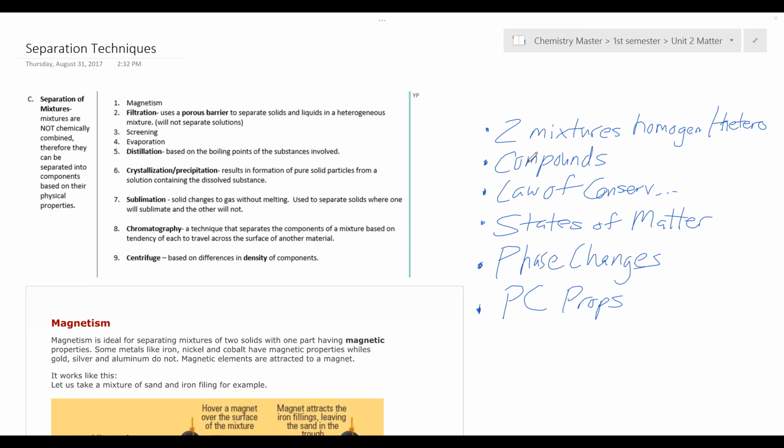Anybody got something else? Physical and chemical changes. Yes, physical and chemical changes. I'm going to hope that you guys are just not wanting to talk today and don't actually know this stuff. All right, and then somebody could have said this one since I put the page back up. Yes, separation techniques. All right, study guide should go up sometime today and tomorrow.